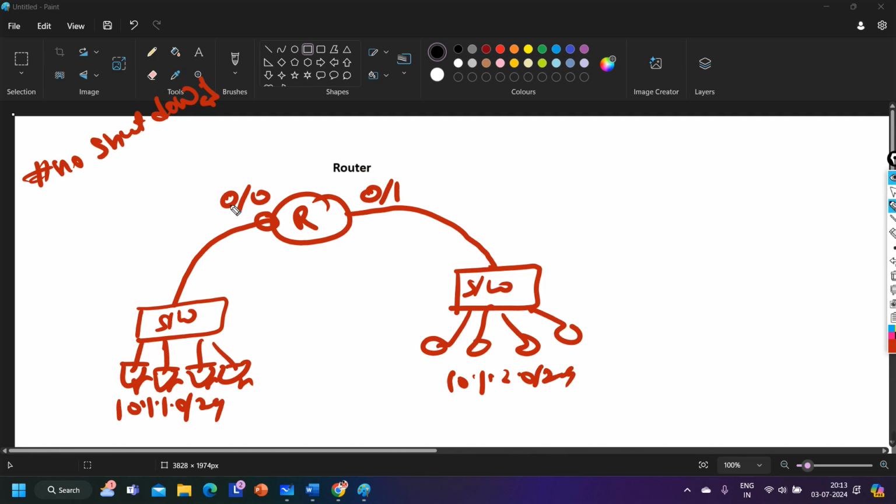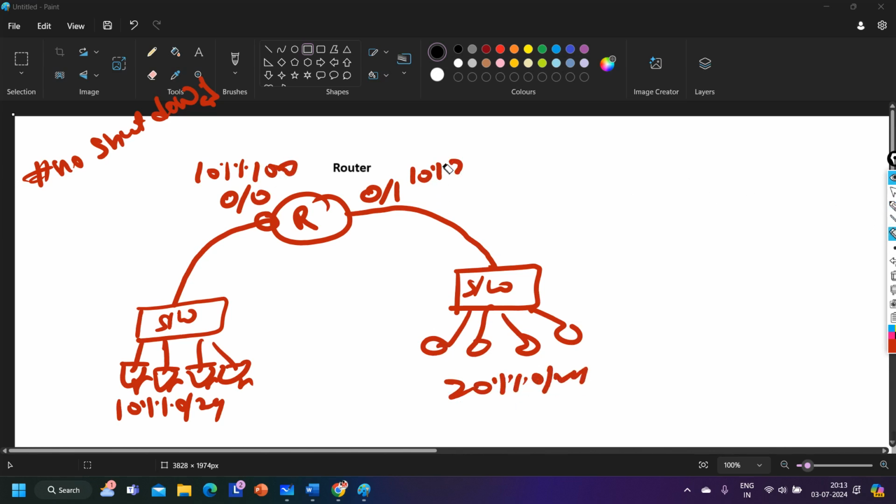Right, so let me configure one IP here from the same network, guys, from this network. Let's say 10.1.1.254. And here I am using, let's say, a different subnet, the 20.1.1.0/24 network.